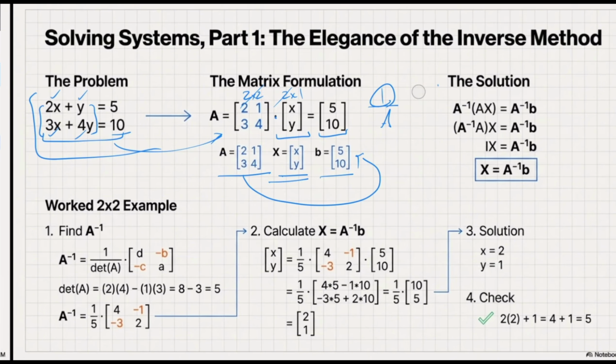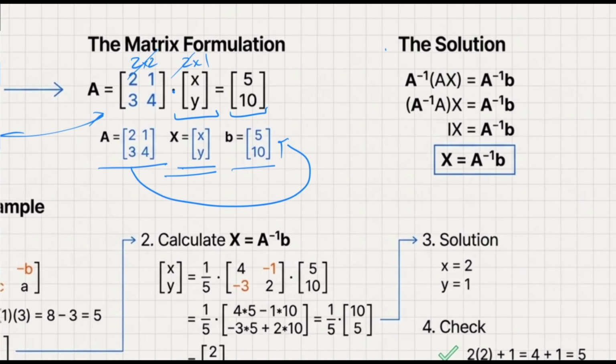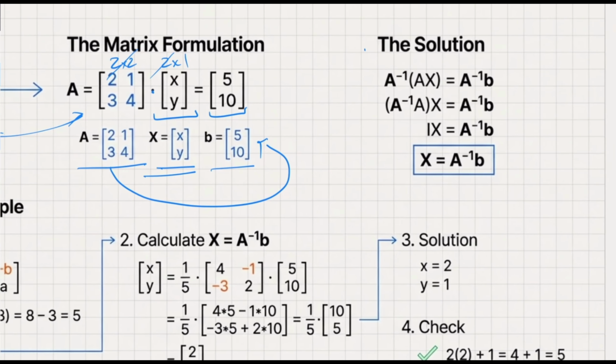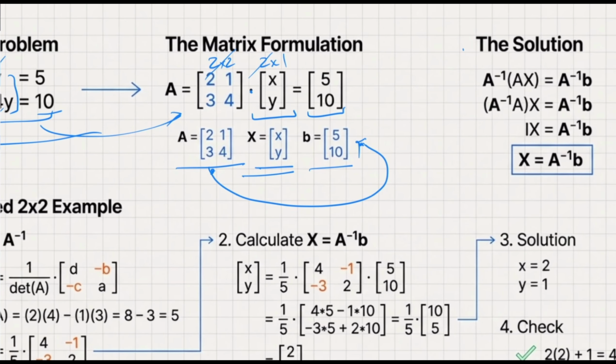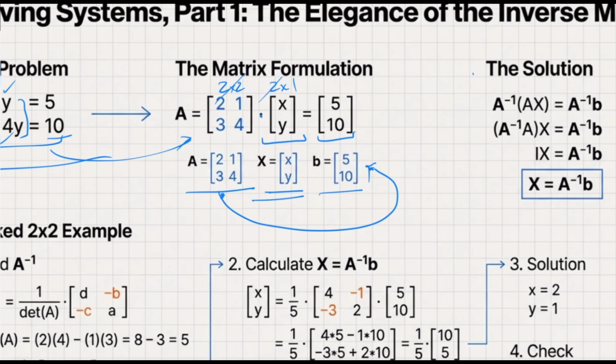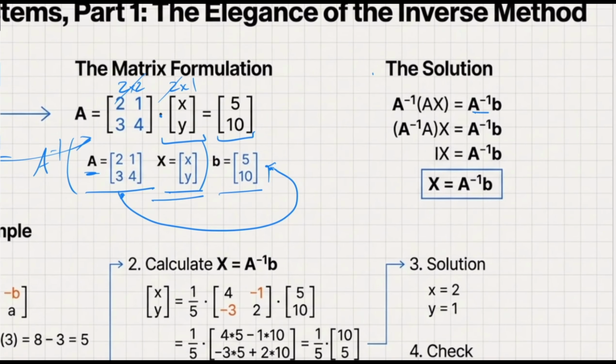Is that so? Okay, let's see. The very first thing I have to do is define how I can move this one to this side. As we all know, based on the rule of division, the first thing we have to do to get rid of that is multiply by A to the power negative 1, or A inverse, by the whole equation, and we have to do the same thing on the other side. Why?